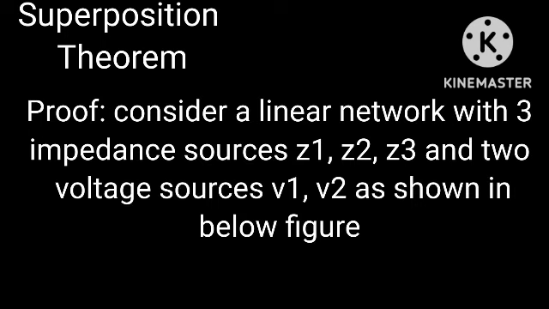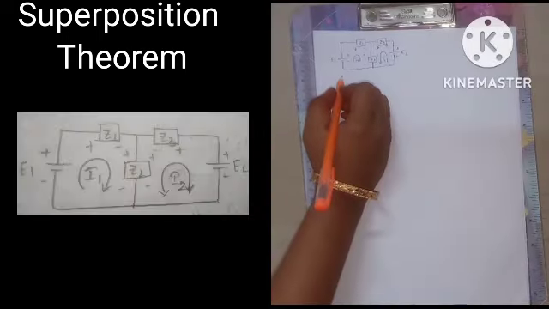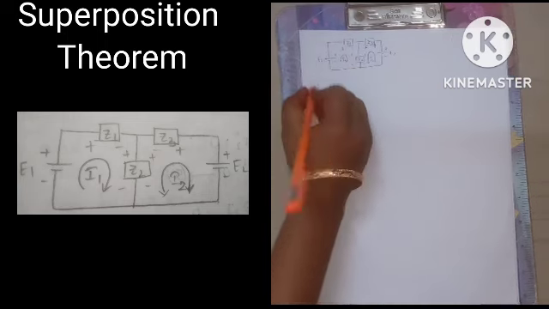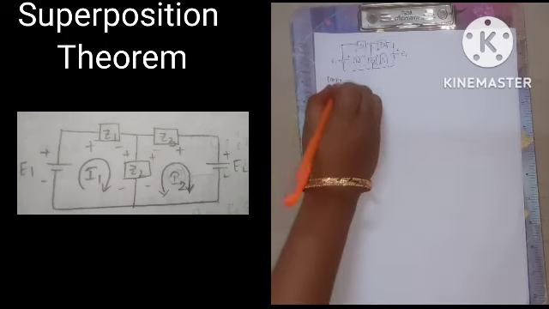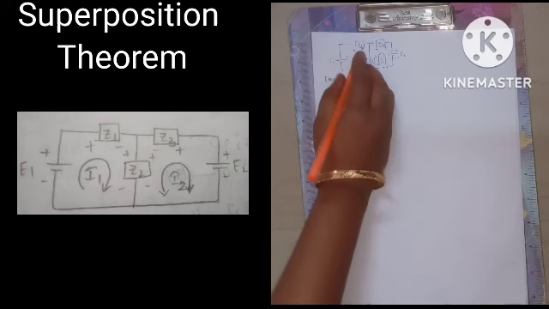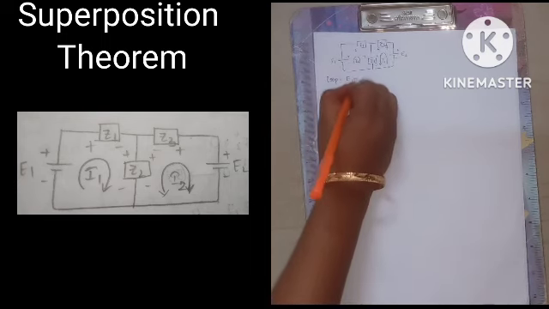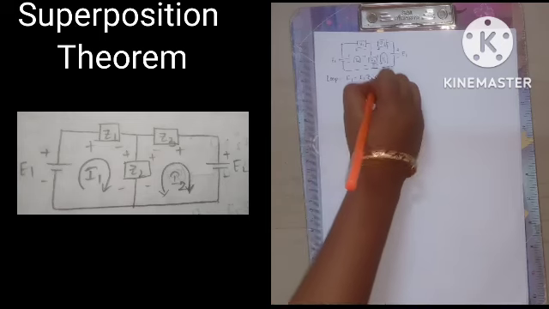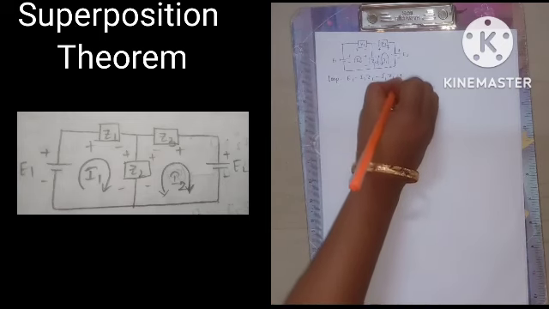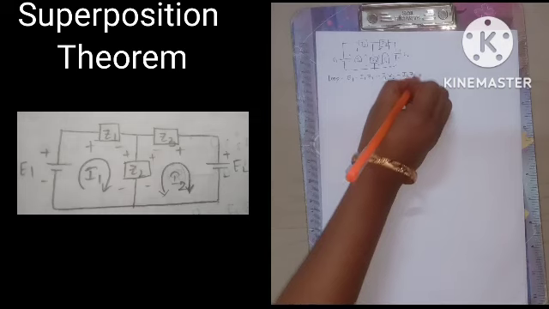Proof for superposition theorem: consider a linear network with three impedances Z1, Z2, Z3 and two voltage sources E1 and E2 as shown in the figure below. By applying KVL to the above circuit, from loop 1 we get E1 minus I1 Z1 minus I1 Z2 minus I2 Z2 is equal to 0.